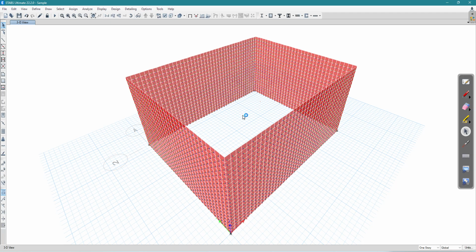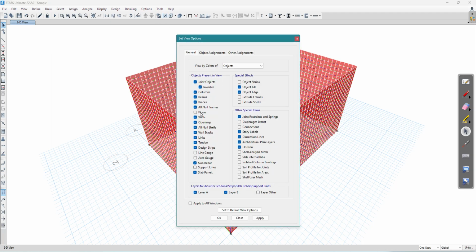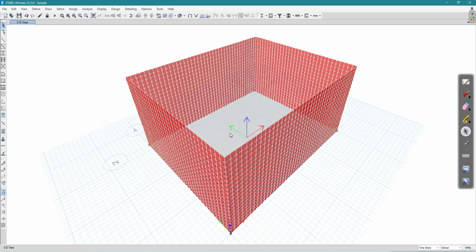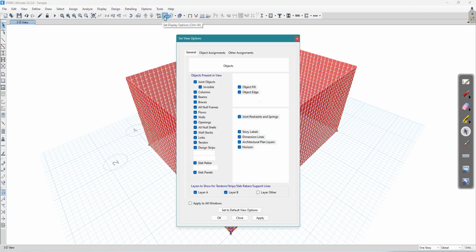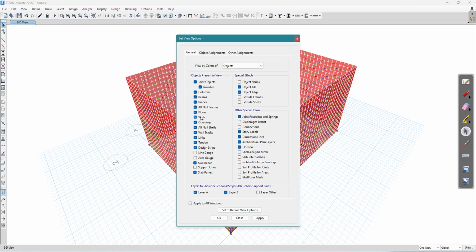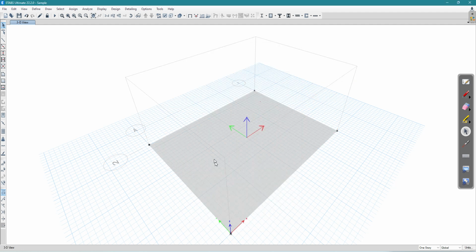So how to bring it back? You go to set display options, you select these floors, you click on apply. See here, this is your base slab. Similarly, how to hide these walls? You go to set display options, uncheck walls, and click on apply. See here, you have only the base slab.